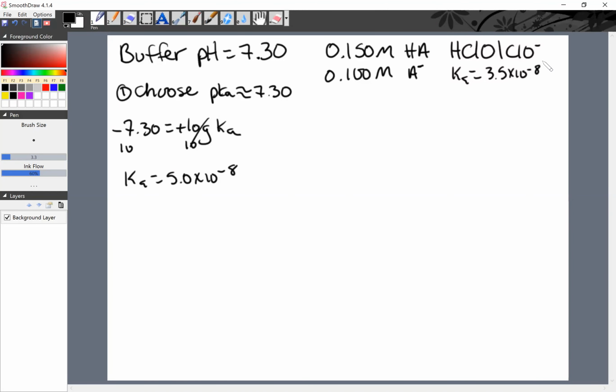That's the one I think is the closest. What kind of ratio of my weak acid and weak base then do I need? The pKa is equal to the negative log of 3.5 times 10 to the minus 8, so my pKa is 7.46.